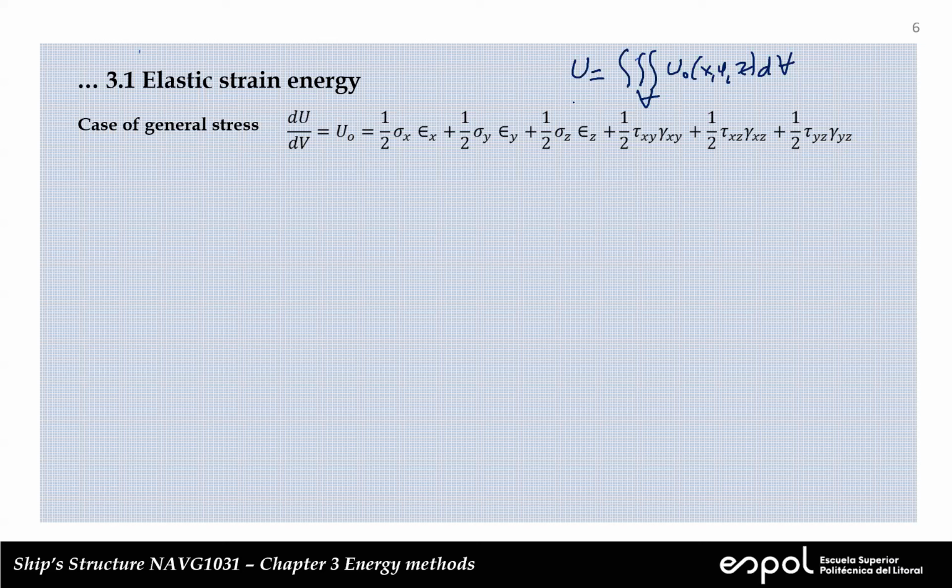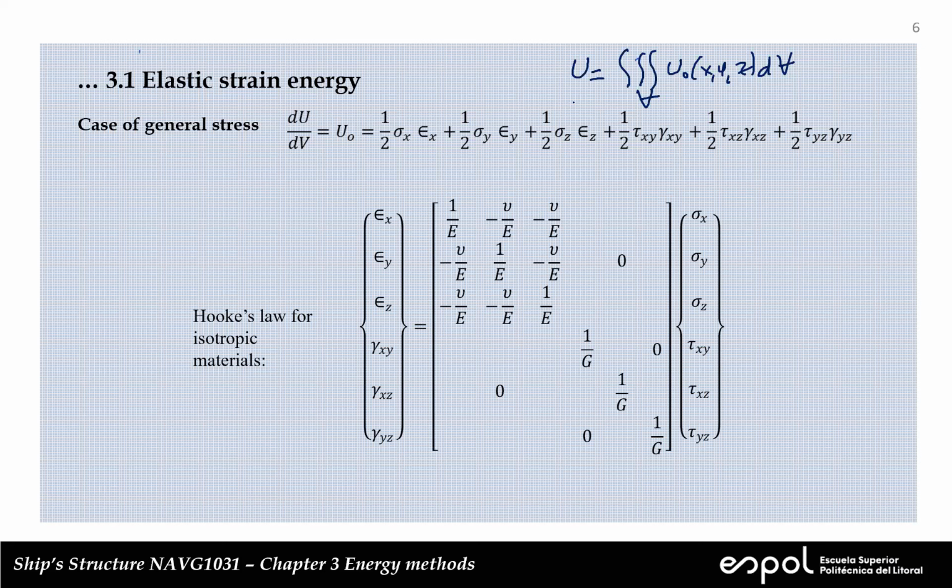This case is a little bit more complex. So I'm going to state the general expression, but don't worry, at the end I'm going to restrict it for the cases that we're going to consider. Those are very simple cases in which we're going to have only a few of these terms, okay? So this is Hooke's law in general for an isotropic material, right?